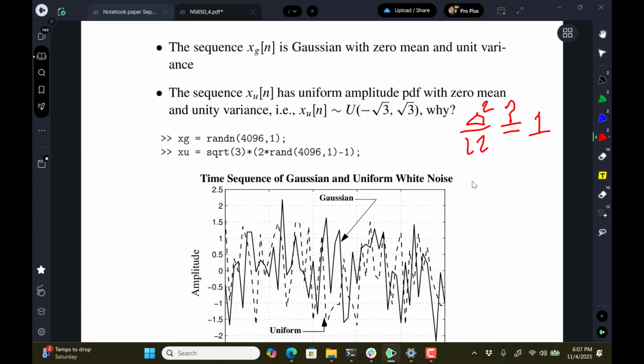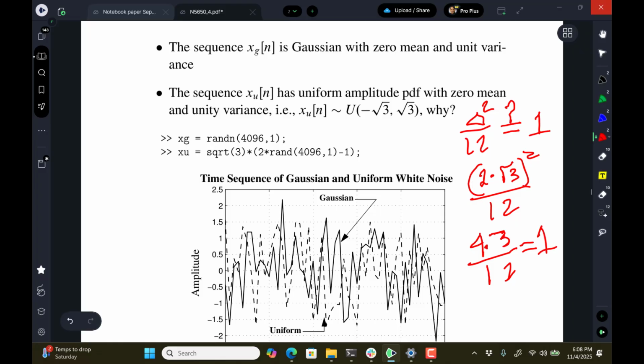That's what we'd be getting here: 2 times square root of 3, squared, over 12, so that would be 4 times 3 over 12, which is 1. That just tells you that if I put things on equal footing, I should have unit variance in both cases.